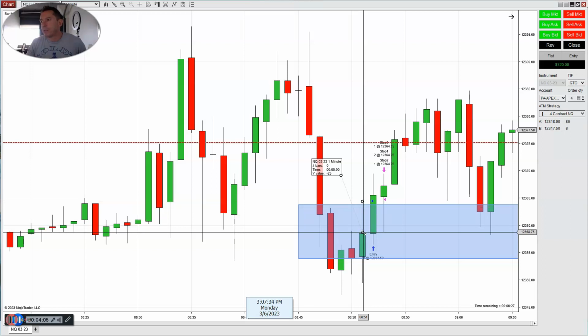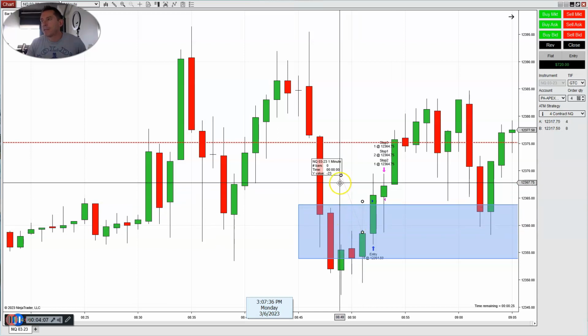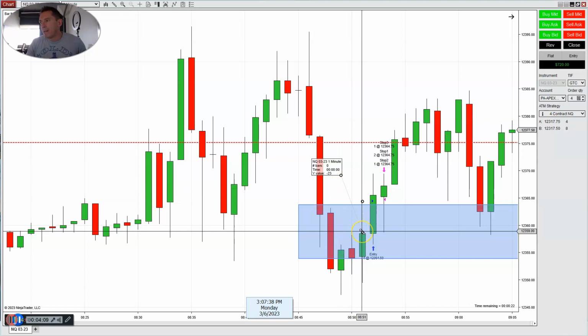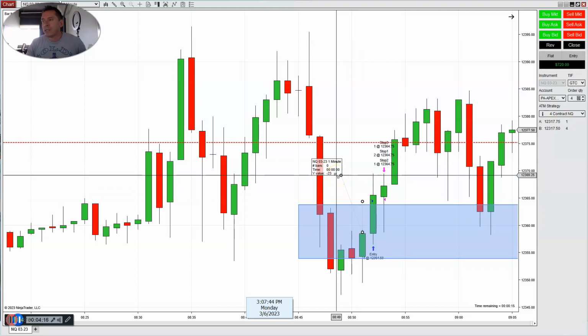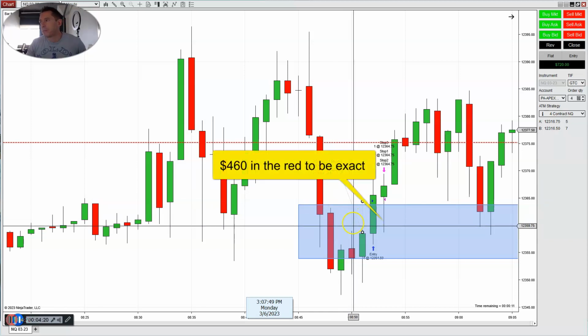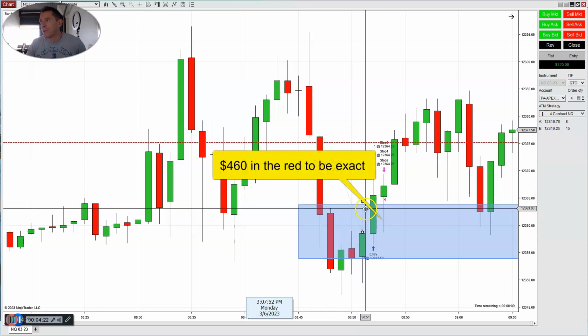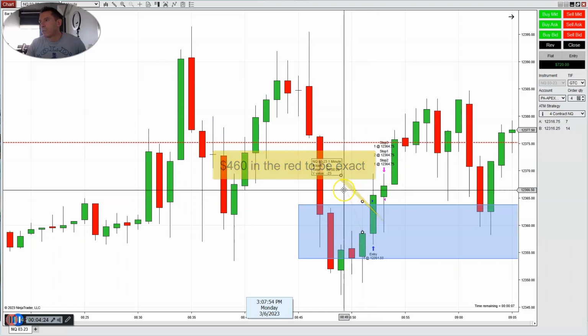It still would not have taken me out, because I have my stop loss at 30 ticks. But I just don't like to see those red numbers, especially with 4 contracts at 23 ticks. That's almost $600 in the negative, so I don't like to do that. That's why I moved my stop loss, and so I got stopped out.